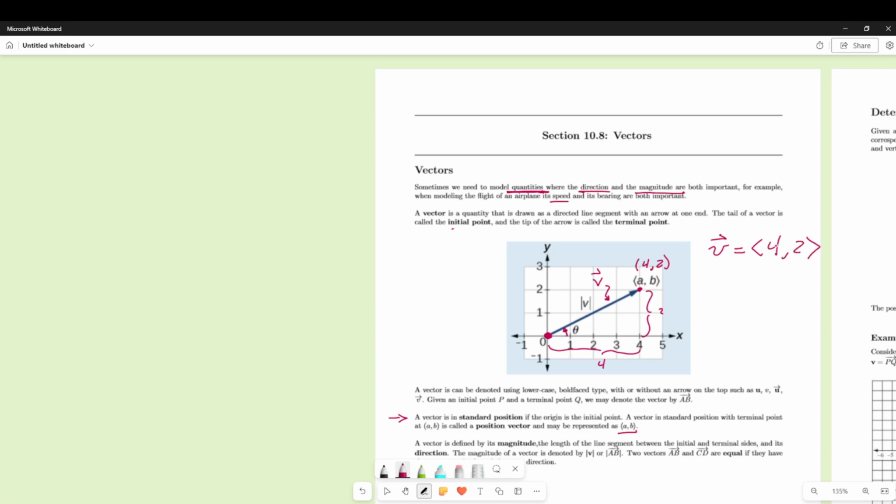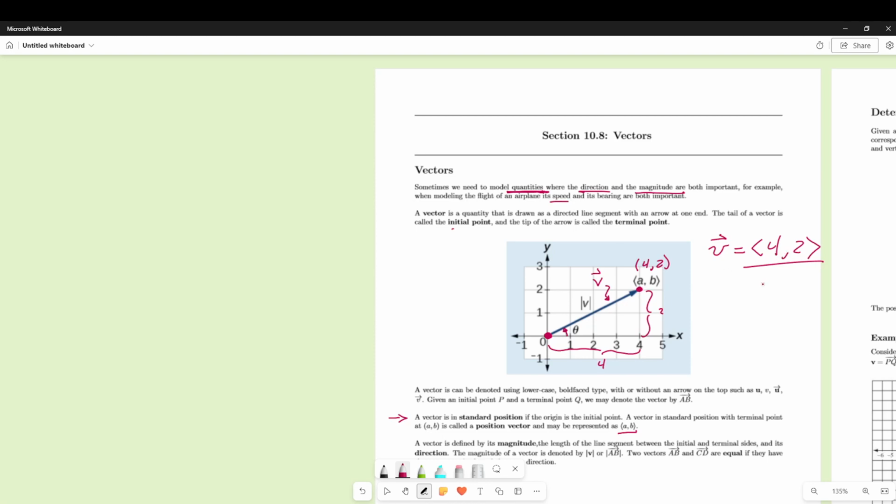Notice the angled brackets. You can use greater than or less than symbols for that if you want. But a lot of software has particular symbols for it if you want to find them. But this is a vector in what's often referred to as position vector form, because it gives essentially the coordinates of the terminal point.